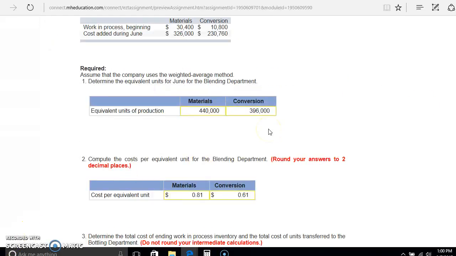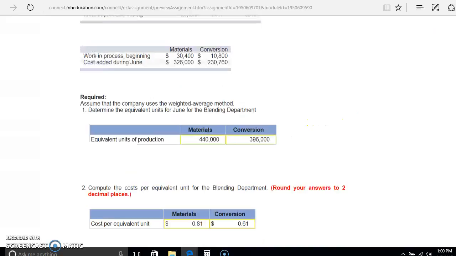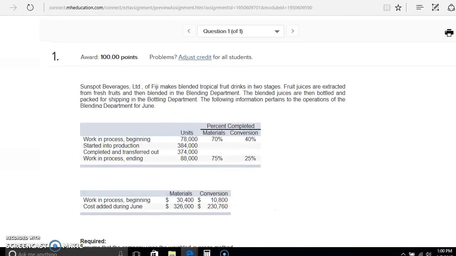The second part of this is computing the cost per equivalent unit for the blending department. So in this case, we are going to have our cost of beginning work in process for materials. Let's just look at materials first. So we have beginning work in process of 30,400. And then we have an additional cost of 326,000 that was added throughout the process.